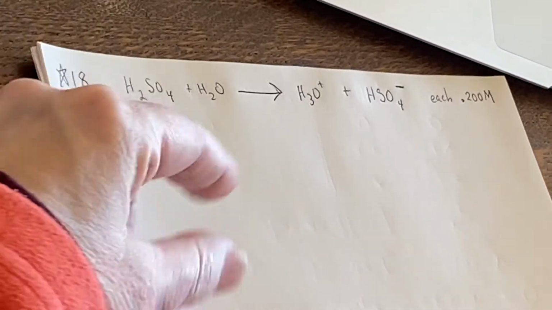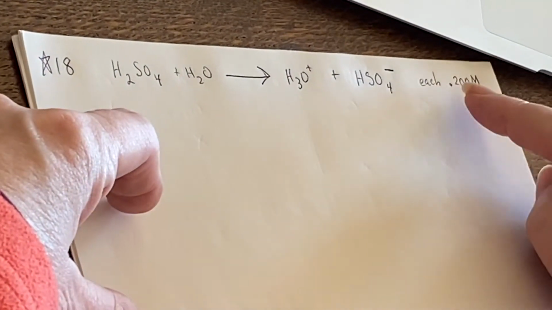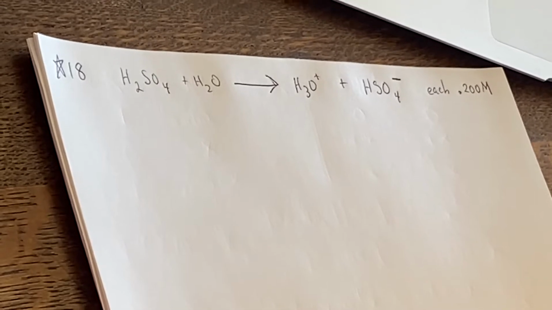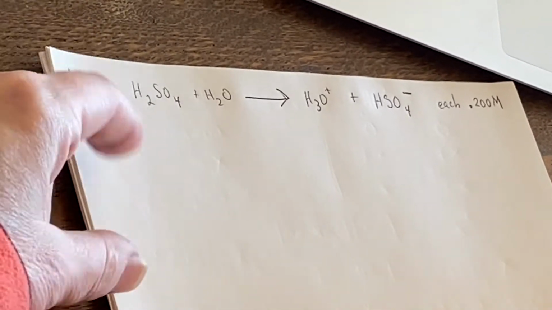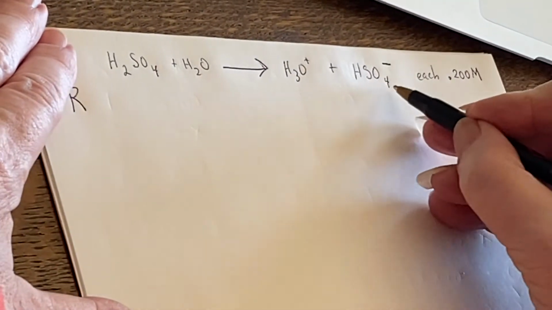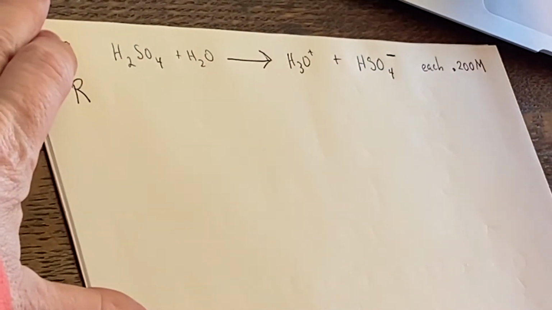But what's really going on has to do with this second one. I'm going to have to keep going because the second ionization is going to form additional hydronium ions. So the reaction that we're really interested in is when this one continues to fall apart a little more, because that's the second acid ionization.